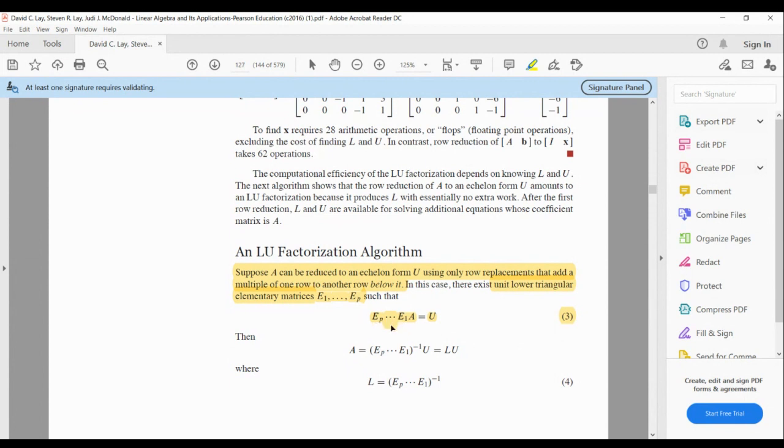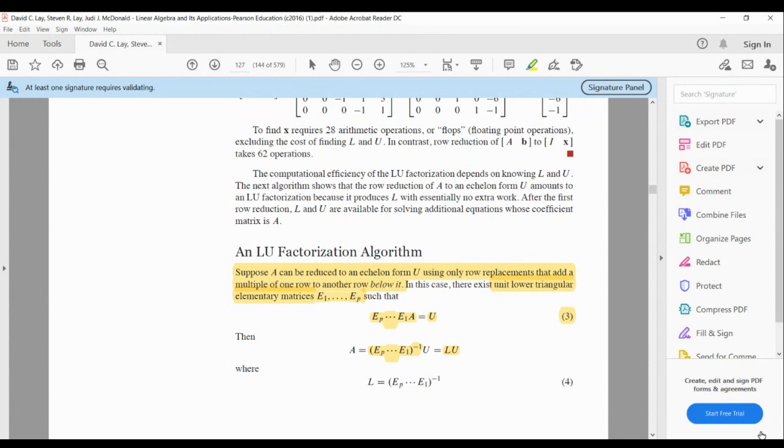Then the matrix A is going to equal that inverse of the product times U, and that's going to be L times U. The product of these lower unit triangular matrices is a lower unit triangular matrix, and the inverse of that will also be a lower unit triangular matrix.